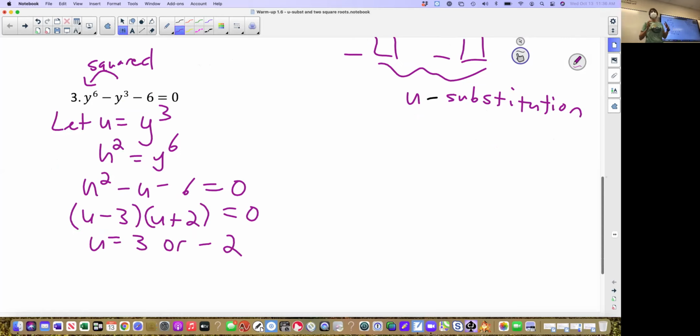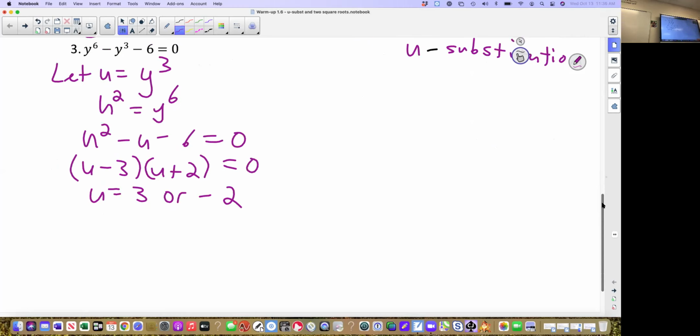But we weren't really interested in this variable that we introduced, which was u. We're really interested in the variable y. So 3 is equal to y cubed, and negative 2 is equal to y cubed. Good, and then we solve each one of these cubic equations. How do we solve them? Take the cube root.